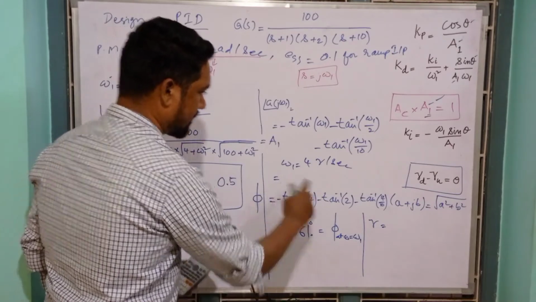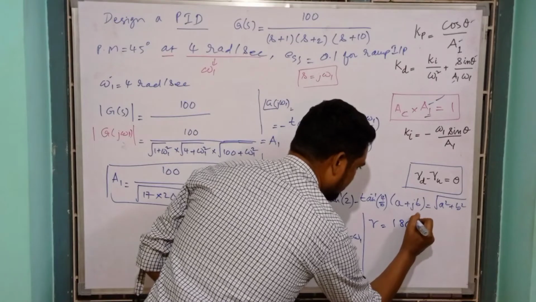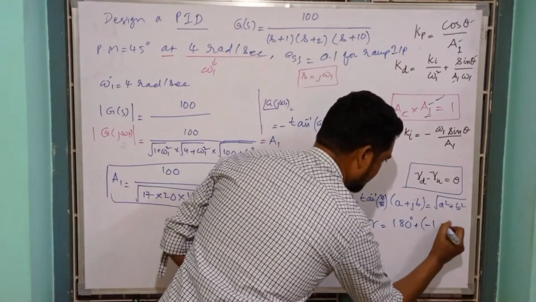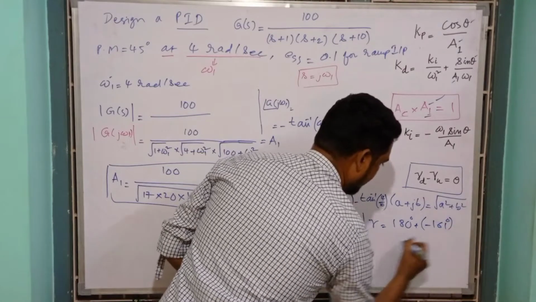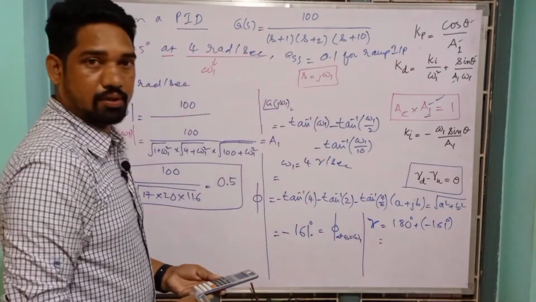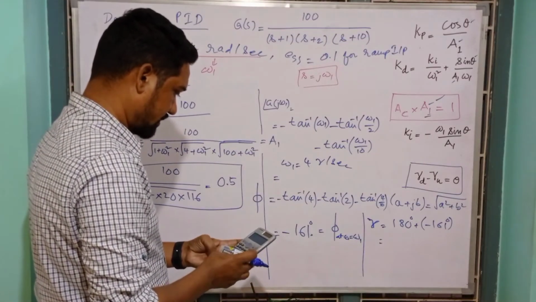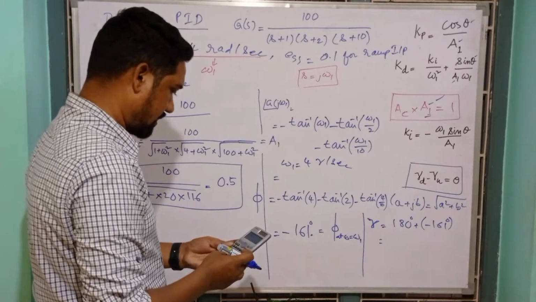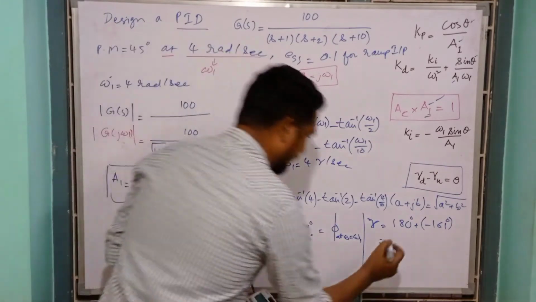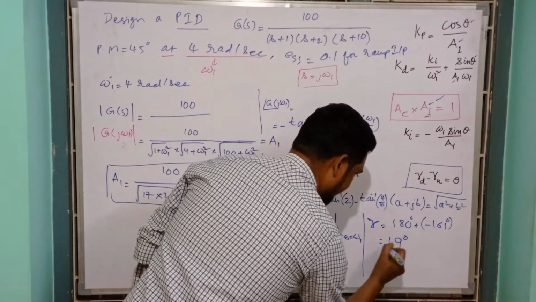So here that will be 180 degrees plus the resultant of this one, in the sense minus 161 degrees. That is the relation for phase margin. So 180 plus the answer gives us 18.799, which could be rounded to 19 degrees, guys.